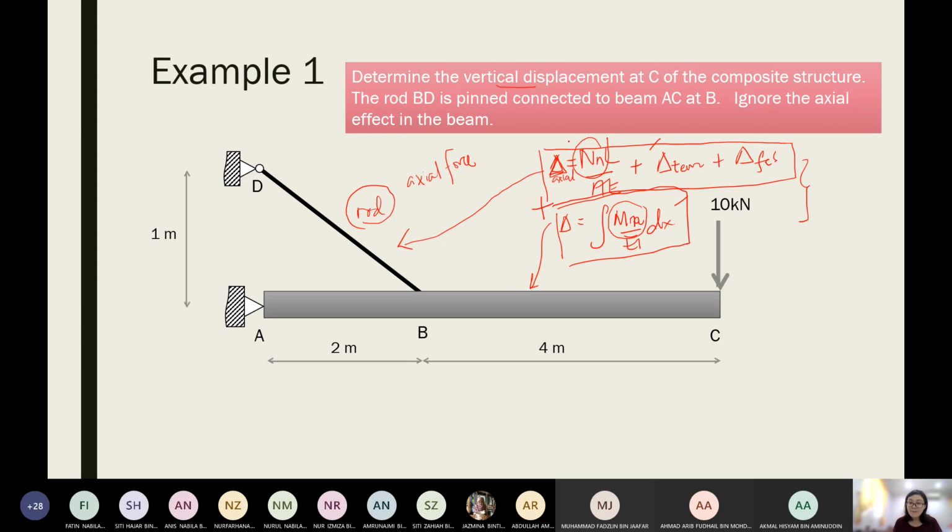How about in the beam? Do you have bending moment in the beam for the internal forces? Yes. Can you list for me what the internal forces in the beam are?